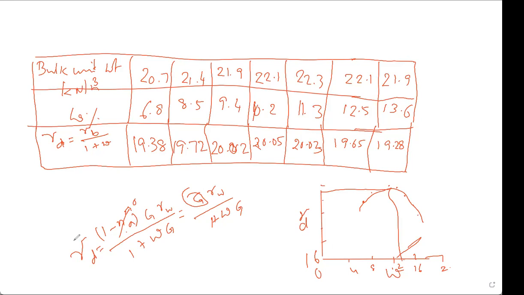For plotting the zero air voids line, we know that gamma D is equal to 1 minus Na into G gamma W divided by 1 plus omega G. Na is equal to 0, so gamma D is equal to G gamma W divided by 1 plus omega G. Done? Shall I rub this?